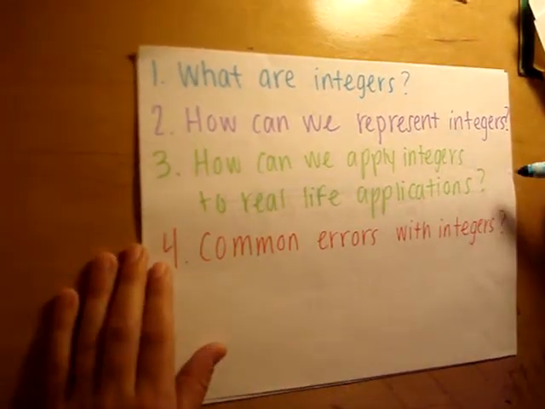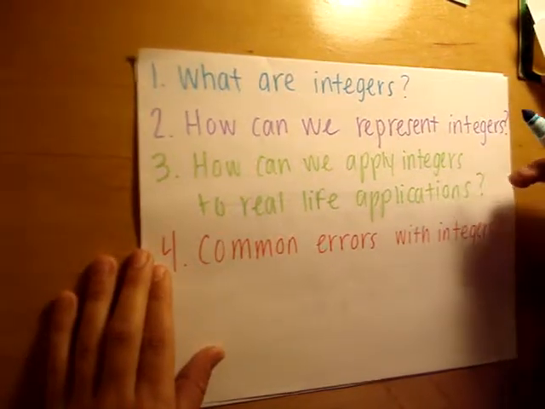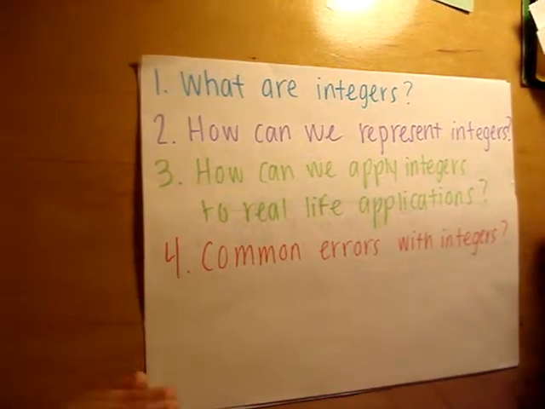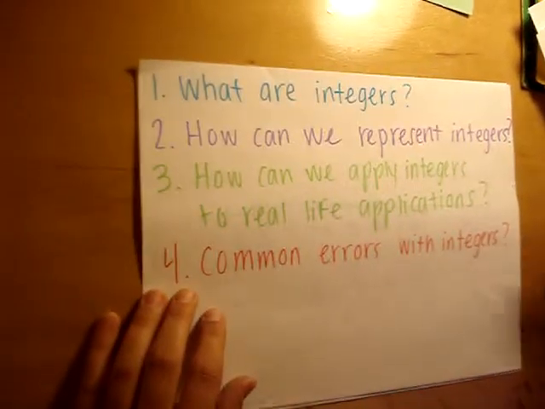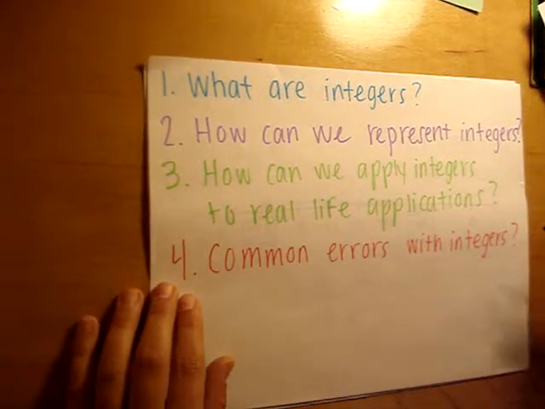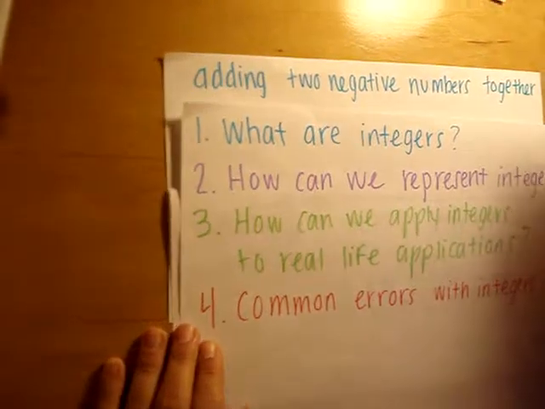So if you go below sea level, that would be a negative number, because if you're starting at 0, which is your sea level, then if you're decreasing, that would also be negative. But I think it's easier to understand the thermometer. Lastly, we talked about common errors with integers, which was adding two negative numbers together.